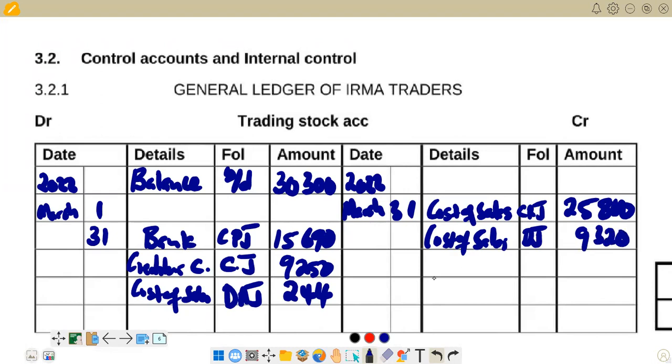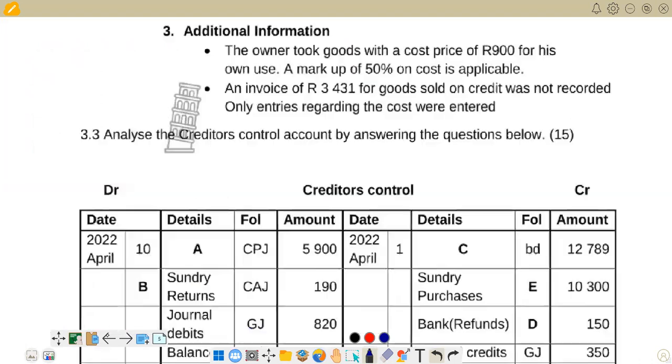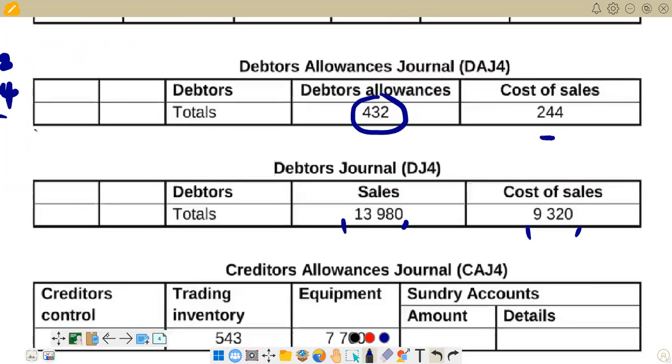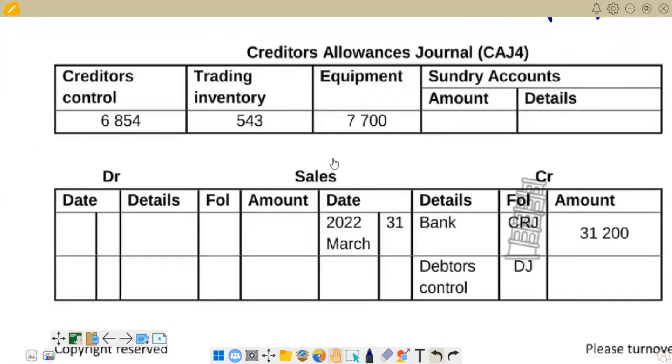So this is what we have in terms of our cost of sales. Then we go back there, we've got another figure for our sales, and it's going to affect our debtors control. If we go to the end of this question, let's try to go down.